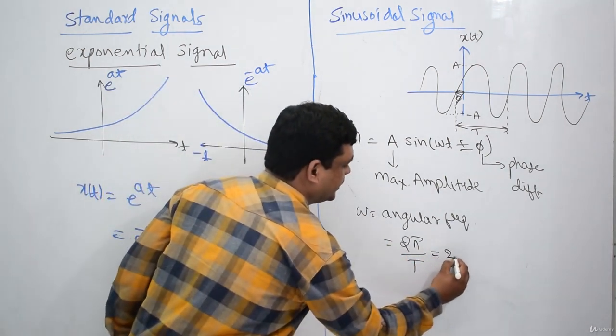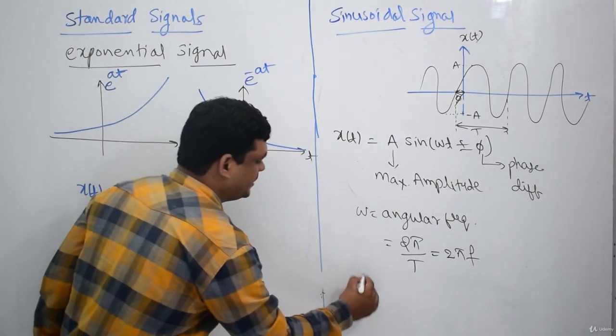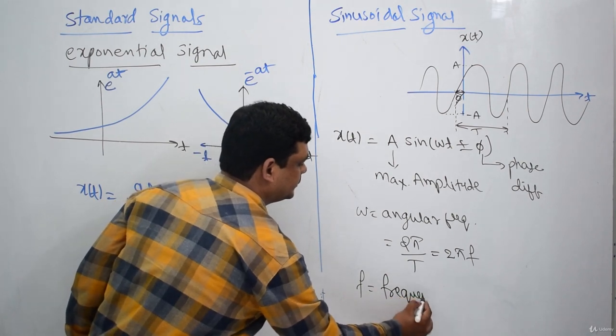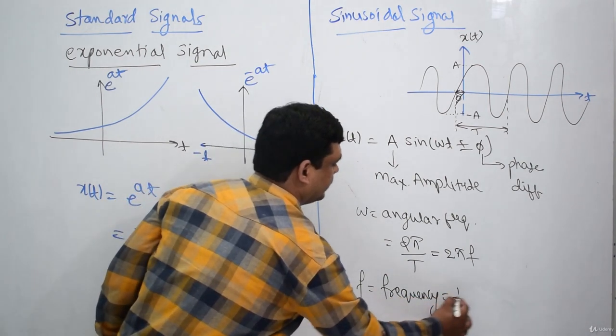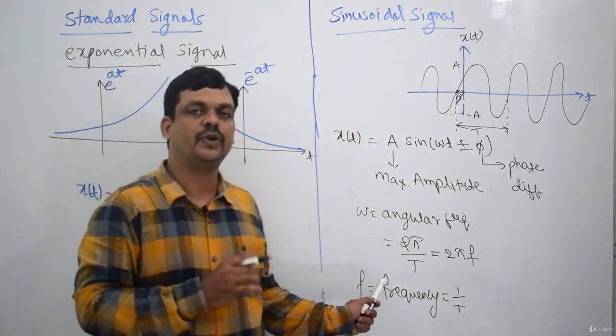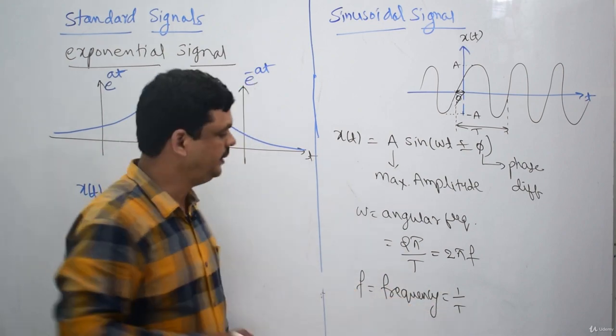We can also write this as 2 pi f. Here f explains the frequency. The general definition of frequency is the number of cycles per second. So f is equal to 1 by T, and the unit is hertz.